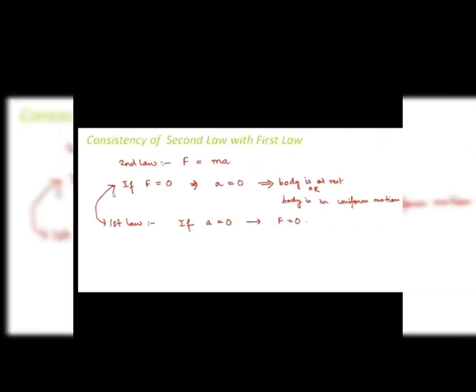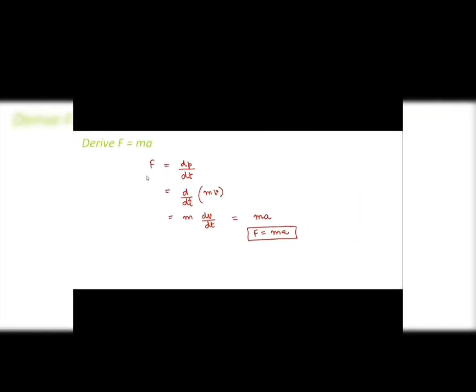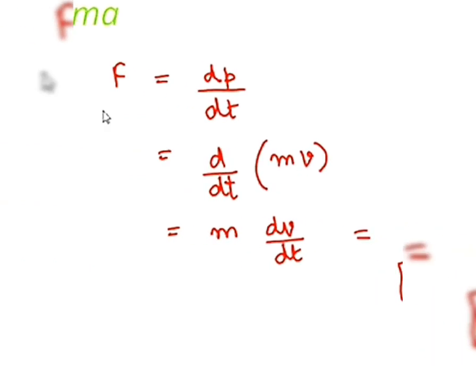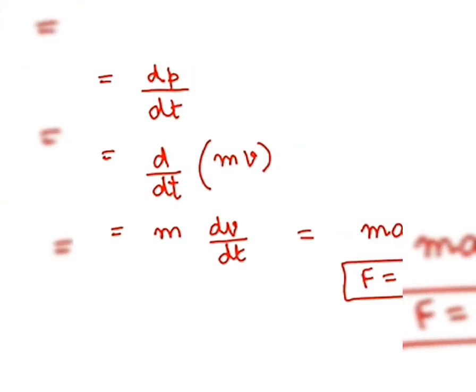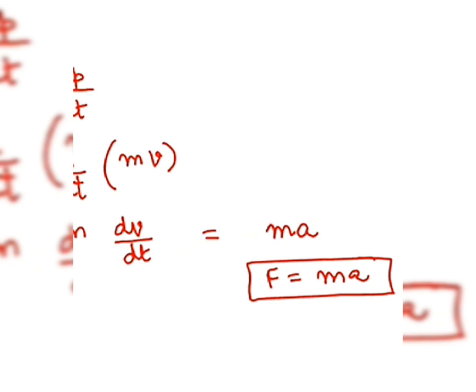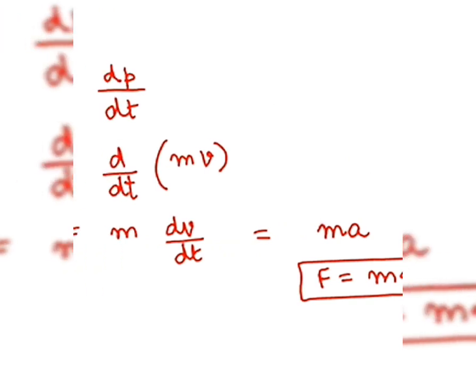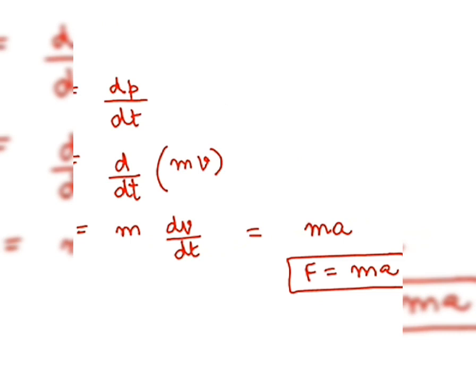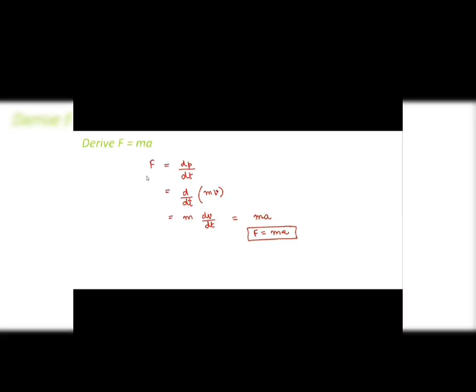So keep m as it is, dv by dt, the rate of change of velocity, is acceleration, so ma. So now this can be written as force is equal to m into a, which is equivalent to force being the rate of change of momentum. It is just another form of writing it.